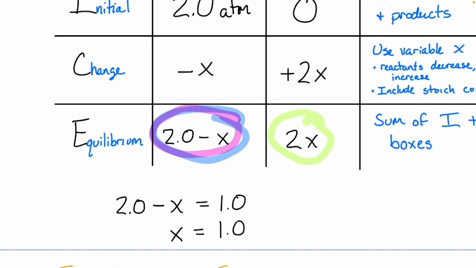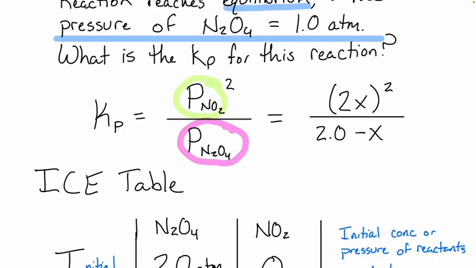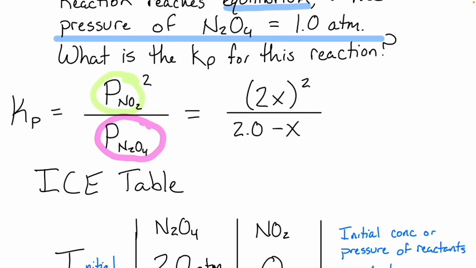So I'm just going to kick the can down the road until you get there, and we're not going to worry about sig figs for these ICE tables here. Now that I know the value of x, I can just turn around and plug all this into my equilibrium expression here. Everybody take a second and solve it for me. Get my final Kp value here.